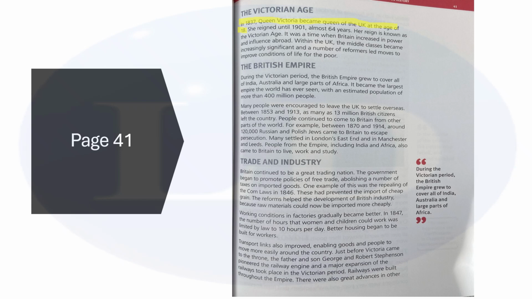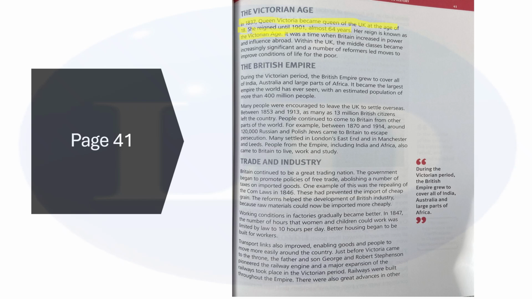She reigned until 1901, almost 64 years. Her reign is known as the Victorian age. It was the time when Britain increased in power and influence abroad.